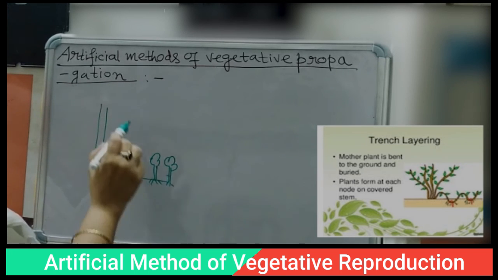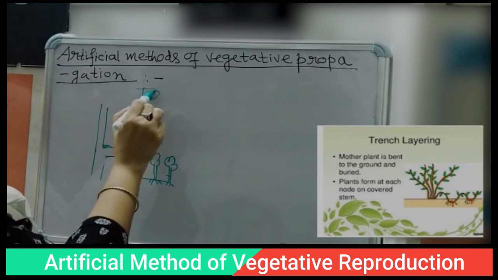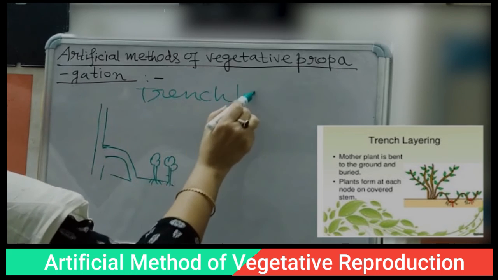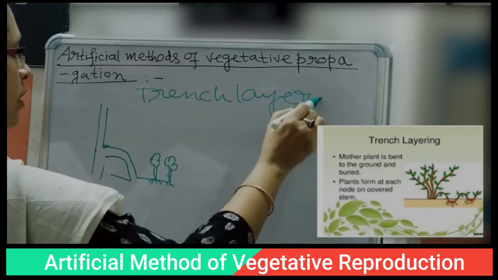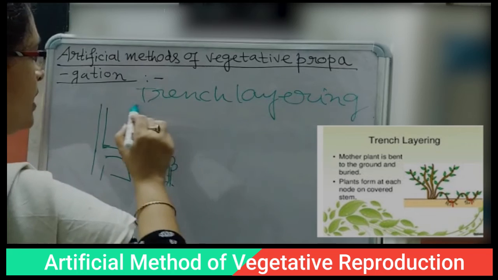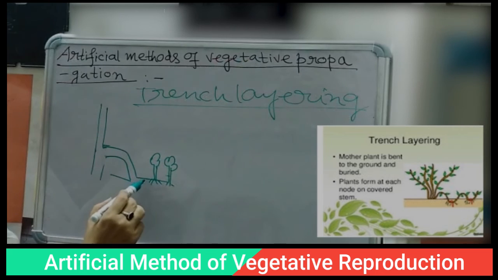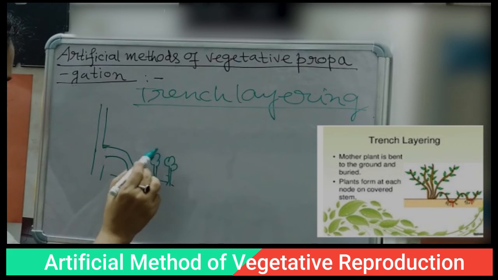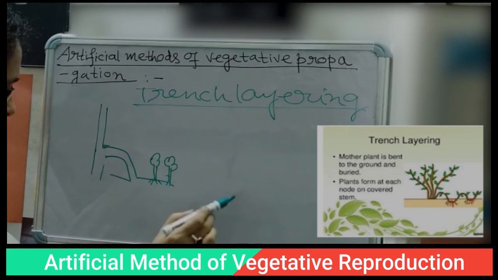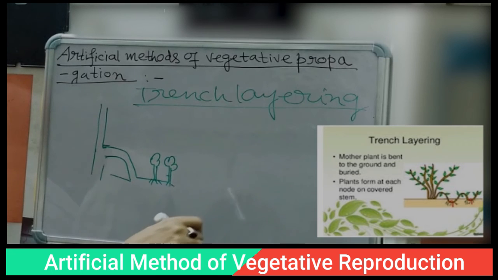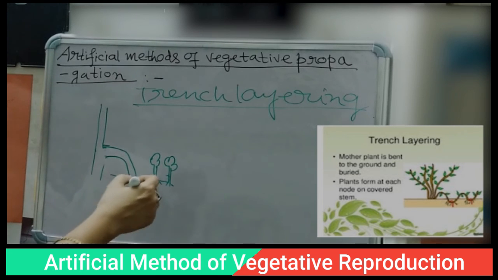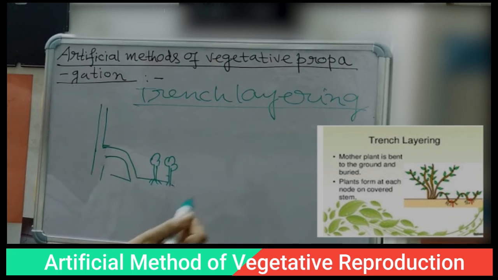This is trench layering. Okay, in your second picture you can see trench layering very well, and when this shoot comes out, we cut off that portion and place it in the soil, and from these shoots new plants arise.